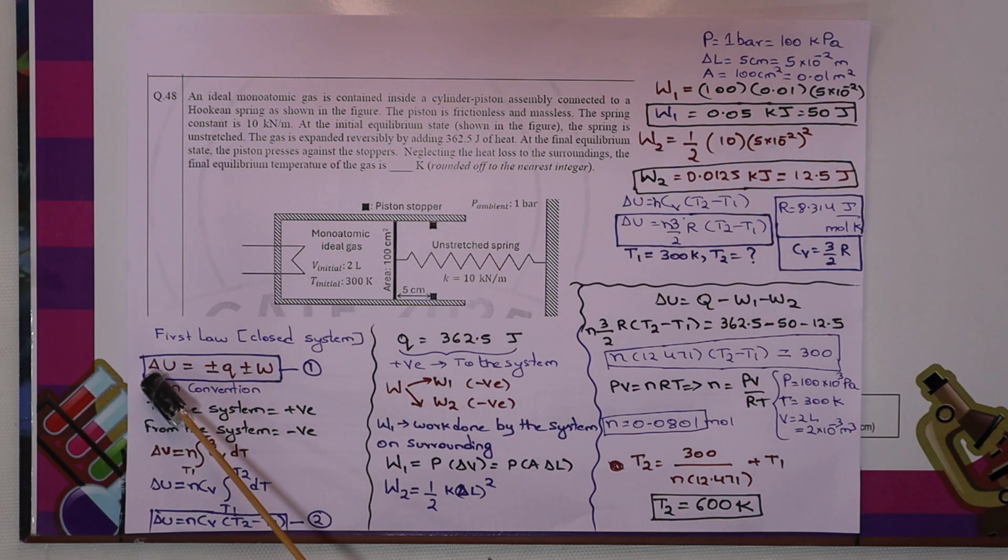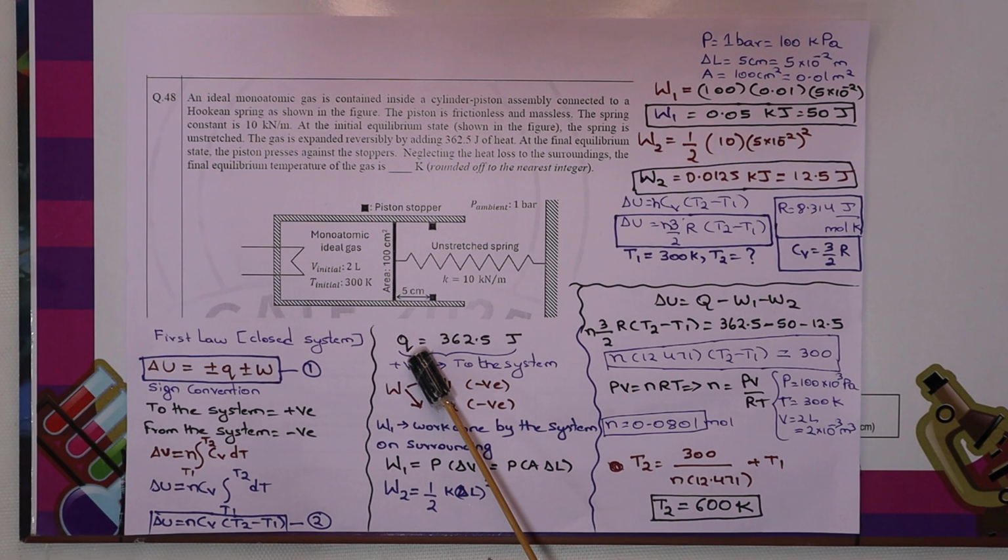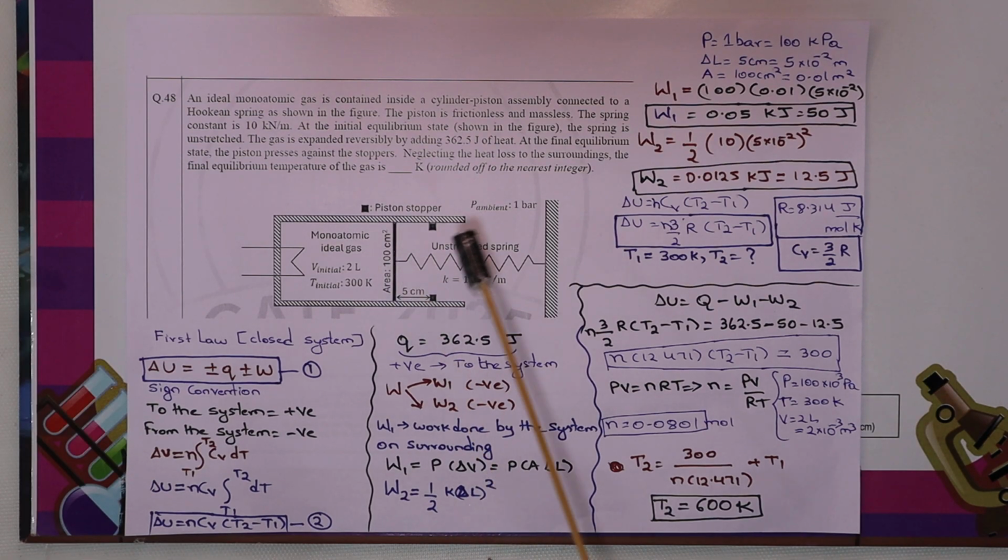So you have one side of the expression. Let us find the other side. Q is taken as positive, which is 362.5 joules, and the two works, both you have to take as negative. The first work is against the surroundings, that means P times the displacement work, it has pushed the surroundings against this particular pressure.